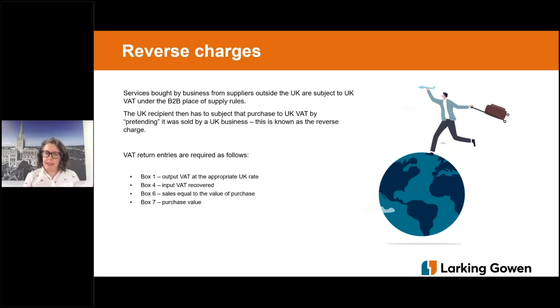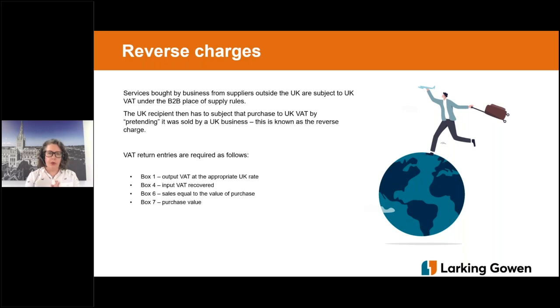Because the business who is based in the USA perhaps won't have charged VAT to you. Likewise, the Republic of Ireland, where a lot of IT providers and social media providers are established, they won't charge you local VAT because you are going to have to apply the reverse charge here in the UK.